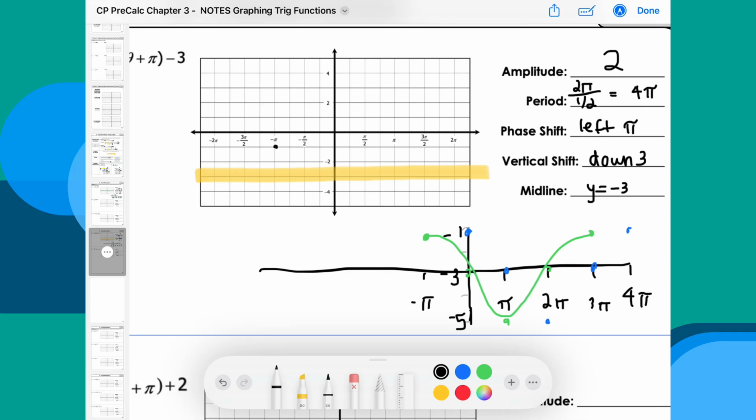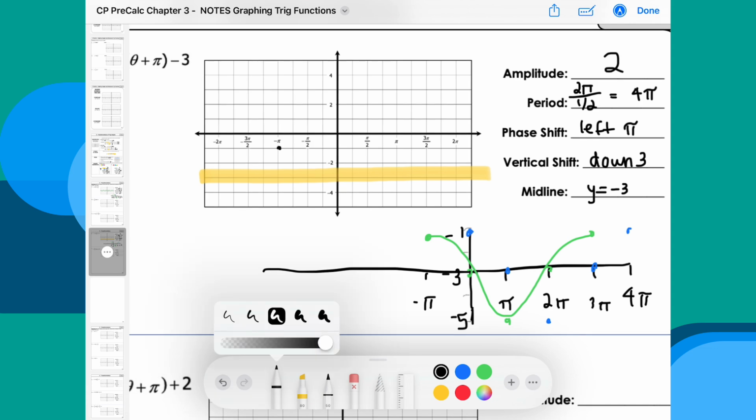So our midline is going to take us to 0. Oh, there we go. Okay, now we're going down to -5 at pi. And then at 2 pi, we're going to be back to that midline.